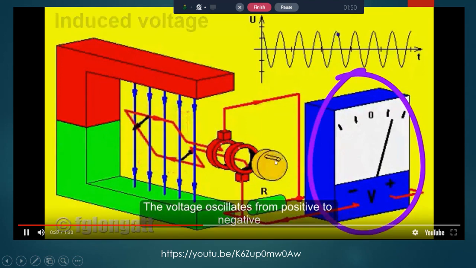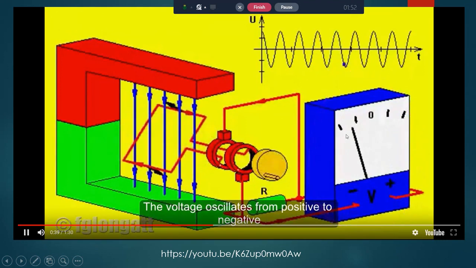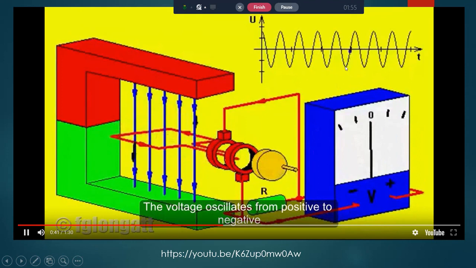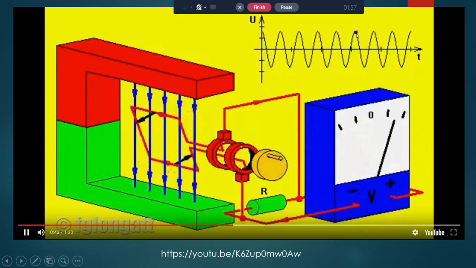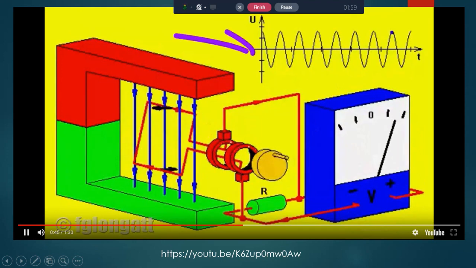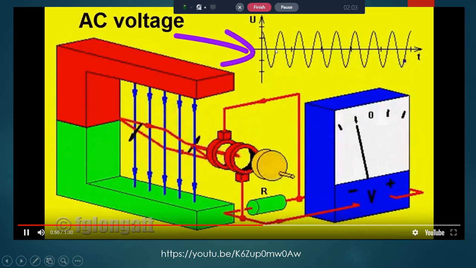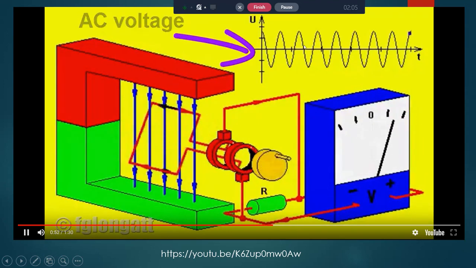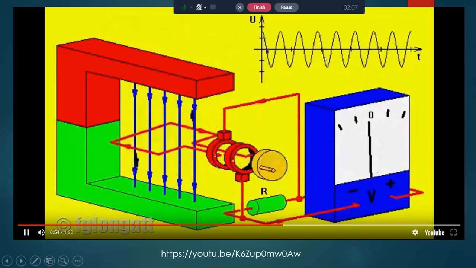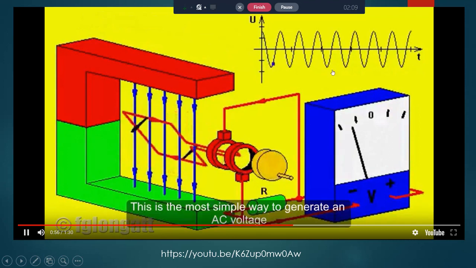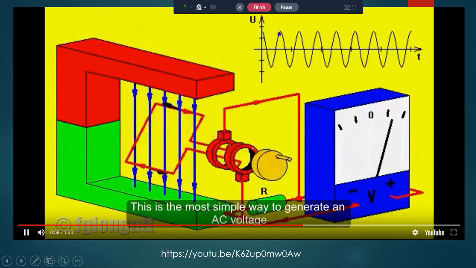You see this blue dot going from positive to negative, and this is the representation of the sinusoidal AC voltage. So it is constantly going. This is the most simple way to generate an AC voltage.